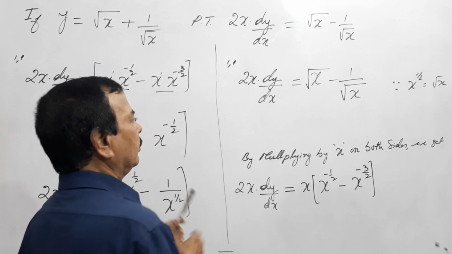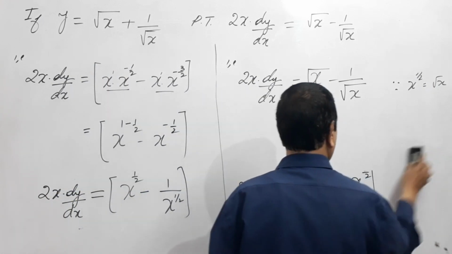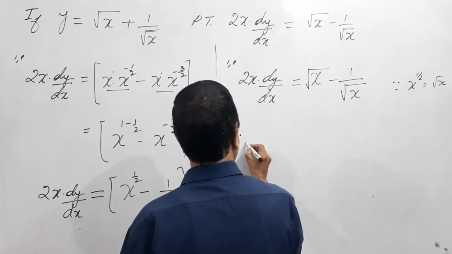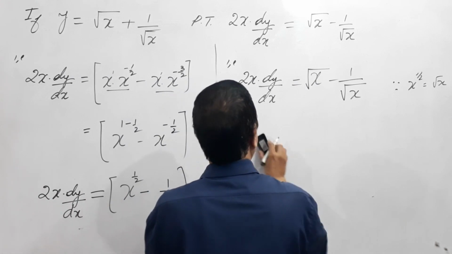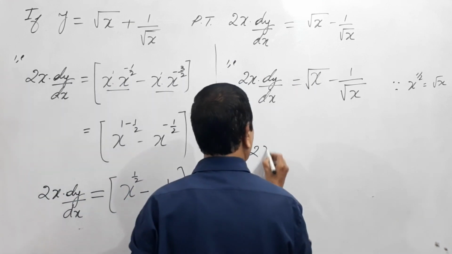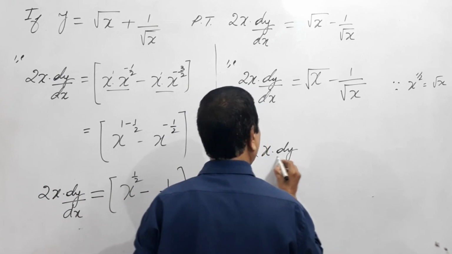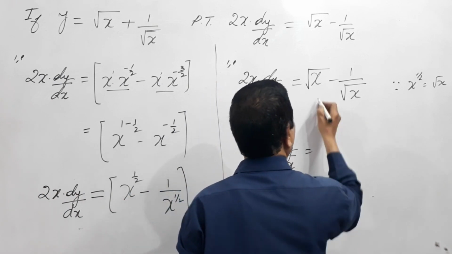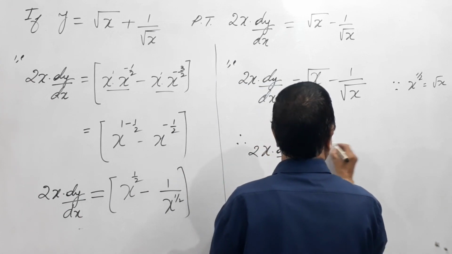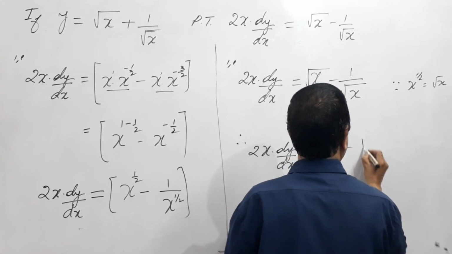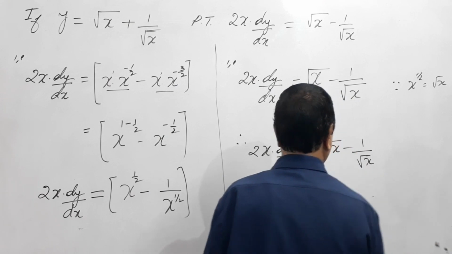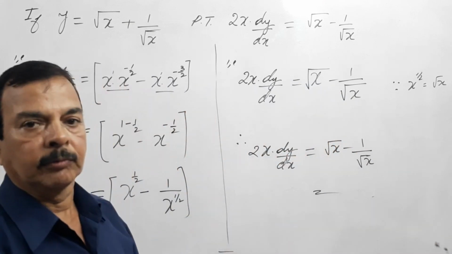Therefore, on the left hand side we have 2 into x dy by dx equals root x minus 1 by root x. So this is our answer.